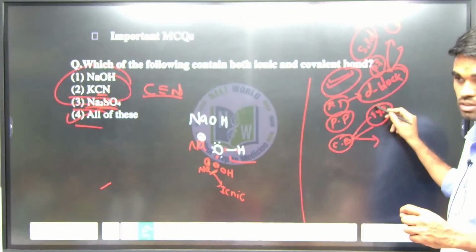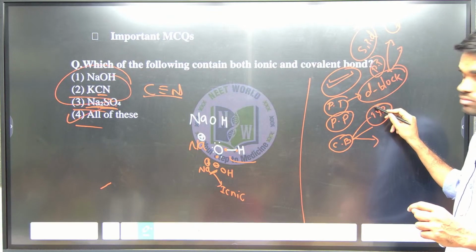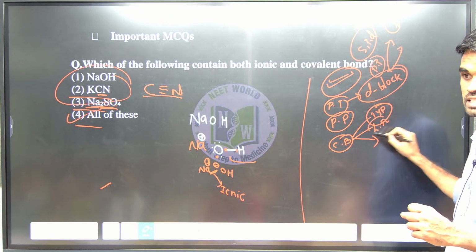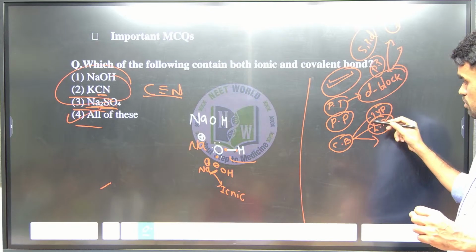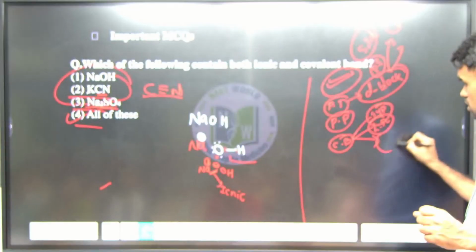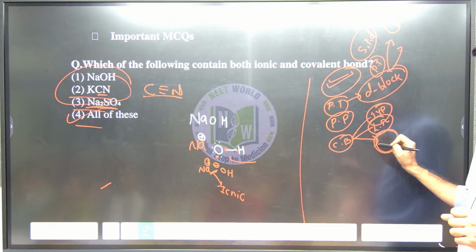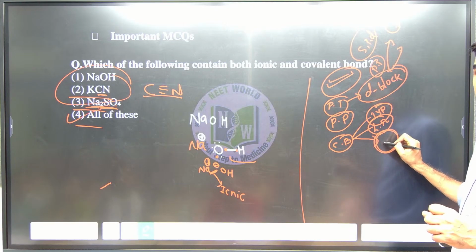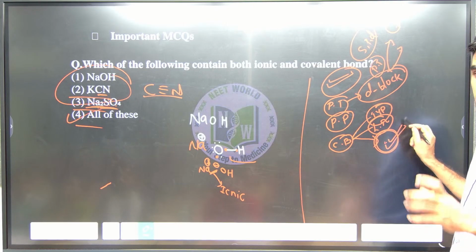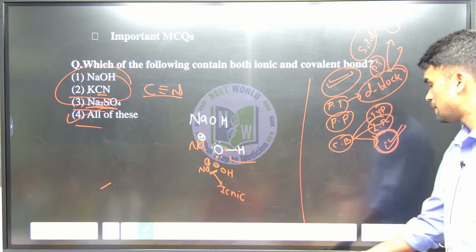Next, Lewis dot structure and its limitations, and some questions related to it. Next, identifying the number of lone pairs and bond pairs in a given molecule. That's it. Questions related to these will be there.